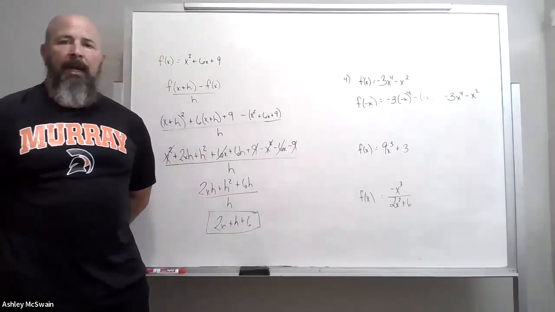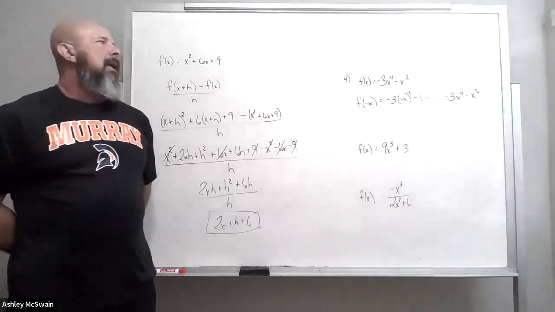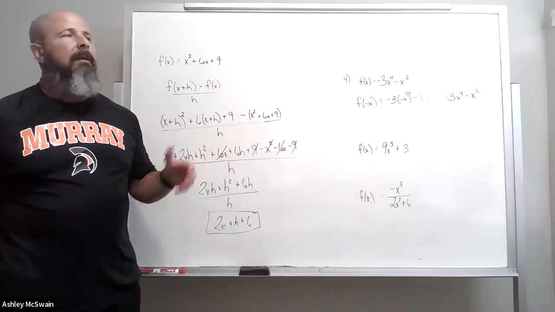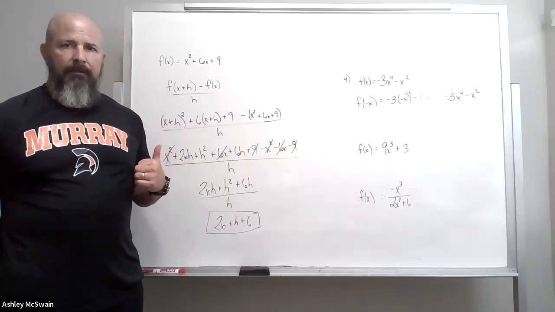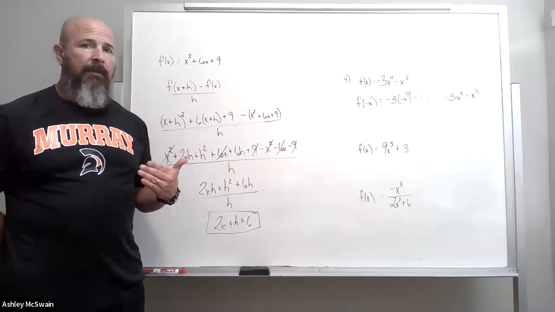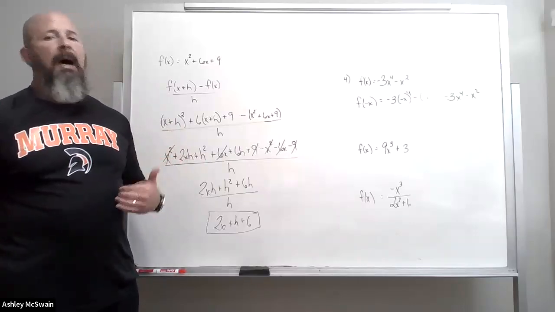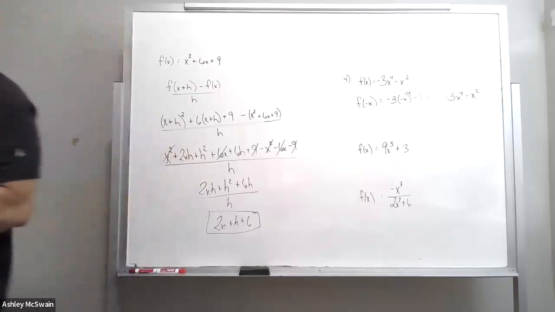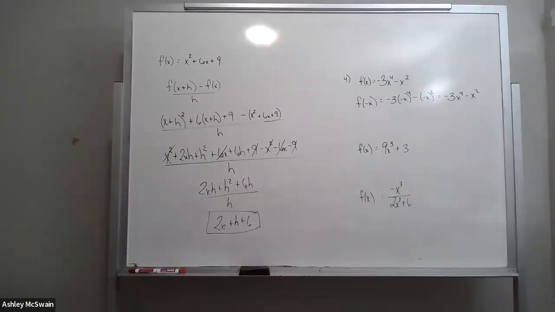Then I examine what I came up with. If I come up with the original function I started with, it is even. If I come up with the negative of the original function, it's odd. If I don't come up with either one of those, then it's going to be neither. So I look at what I found: negative 3x to the fourth minus x squared.